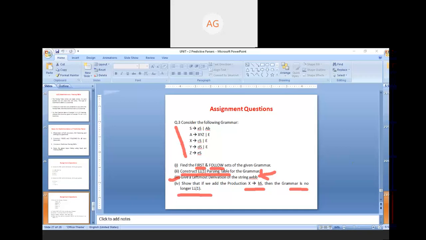Okay. So that concludes the top-down parsers. Now we are moving to the bottom-up parsers. Just a minute, I am sharing the slides of bottom-up parsers.